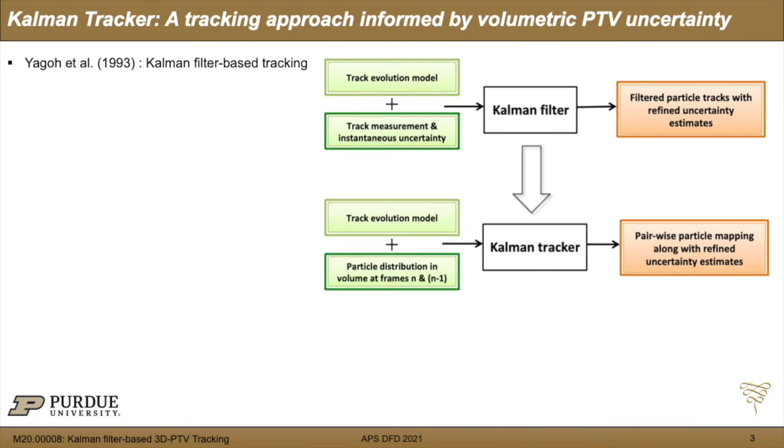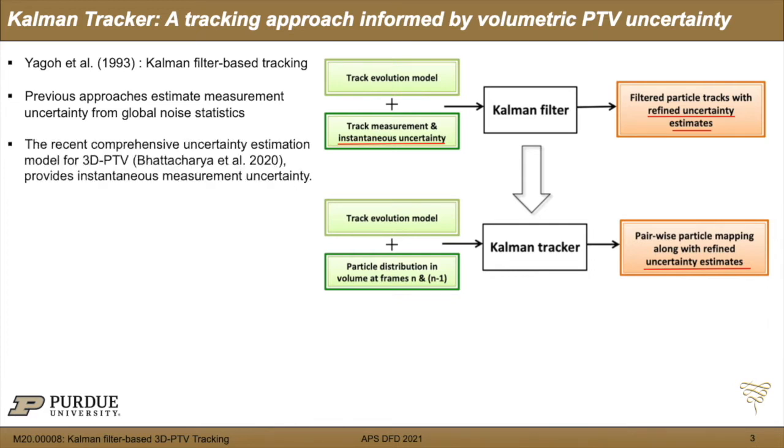A unique feature of the Kalman approach is that it considers uncertainty estimates at each point measurement, which means that an uncertainty estimate needs to be known a priori. Previous works estimated this based on global noise statistics.